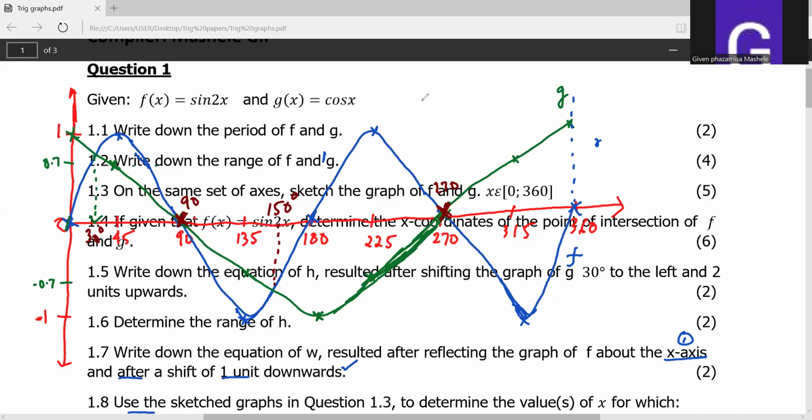How are we going to do that? What is our f? Our f is y equals sine 2x. Now let's perform the first transformation. The first transformation says we have to reflect the graph about the x-axis. And what did I say about the x-axis? About the x-axis, x does not change. What changes is the y.